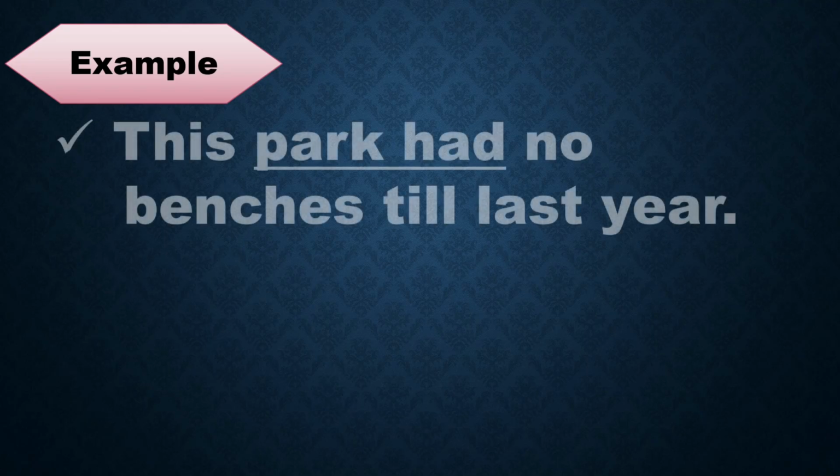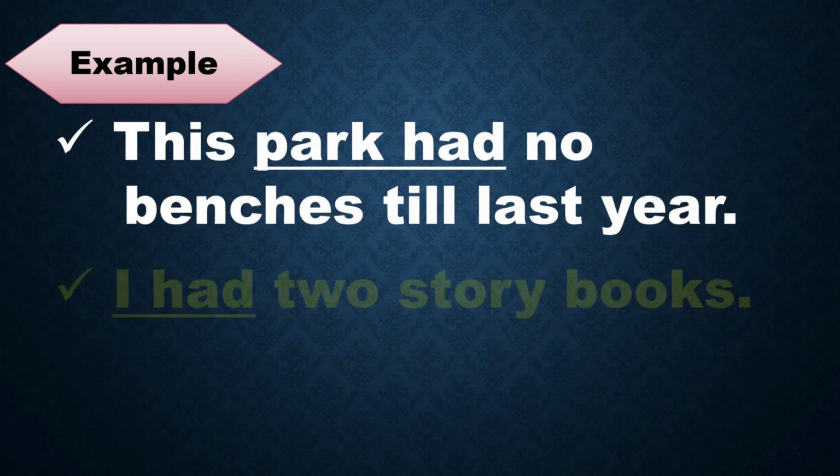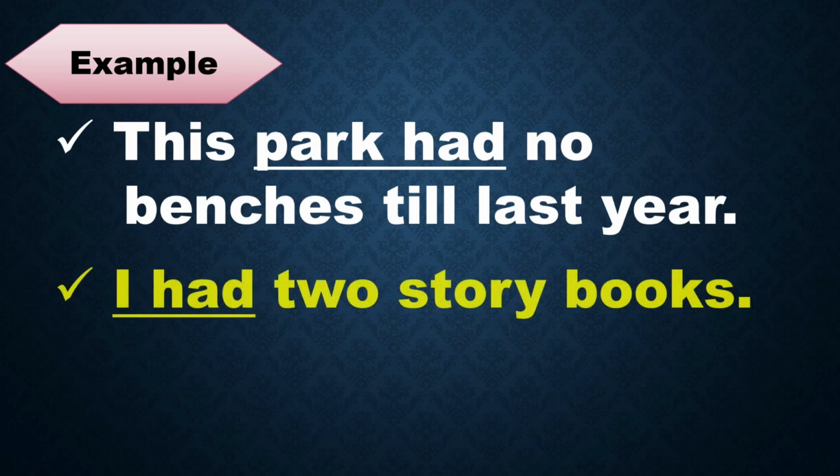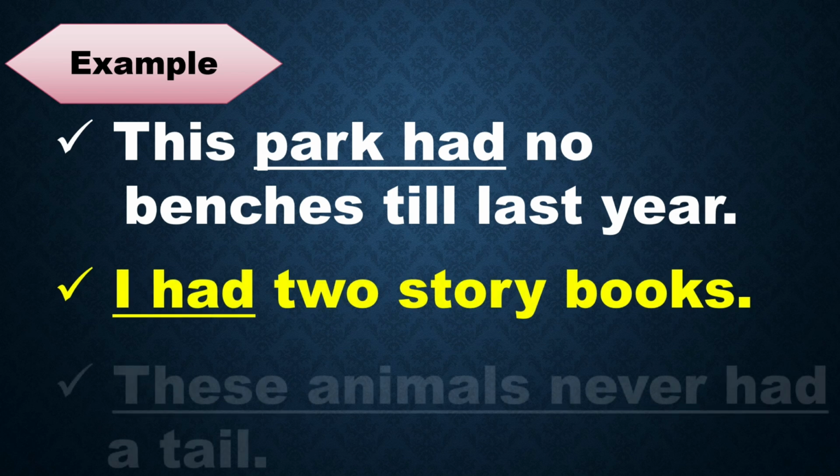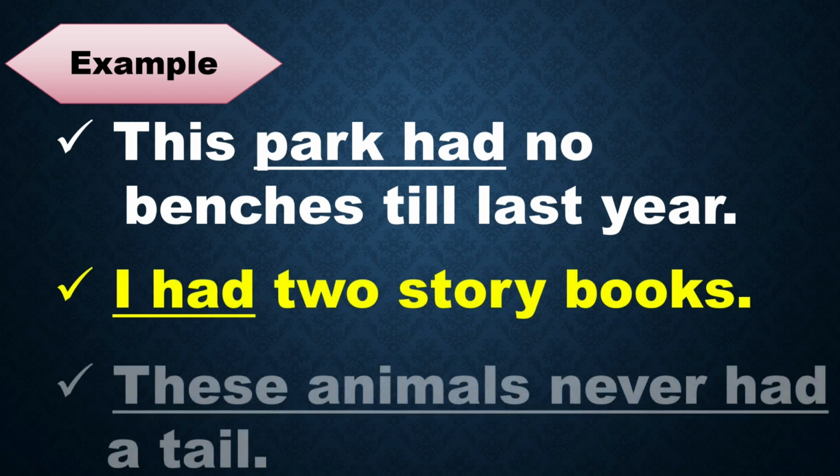This park had no benches till last year. Now, here we are talking about last year. So, it is past tense. So, that's why we have used had. I had two story books. These animals never had a tail.